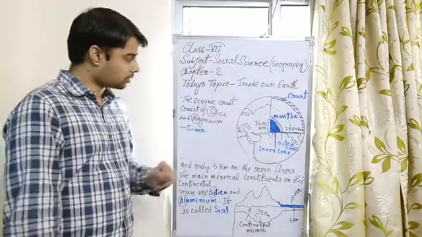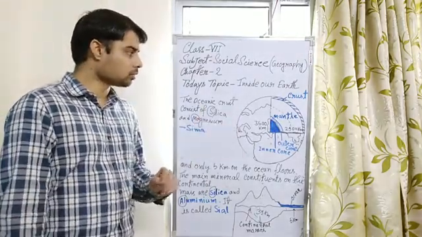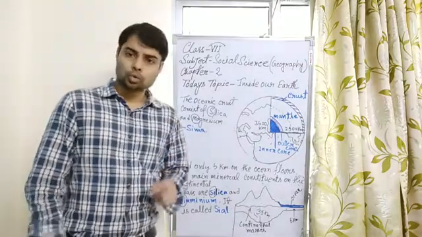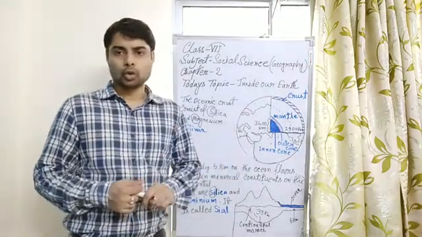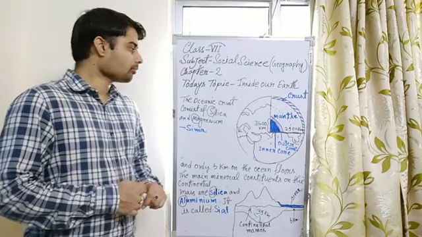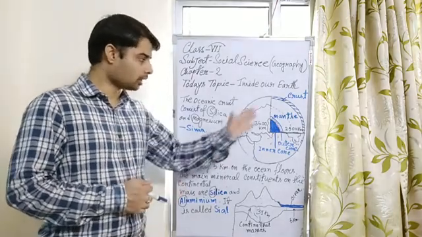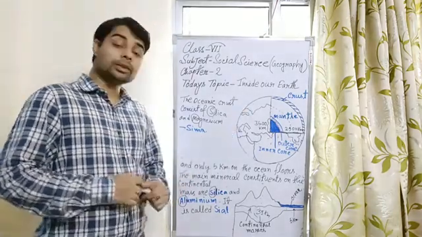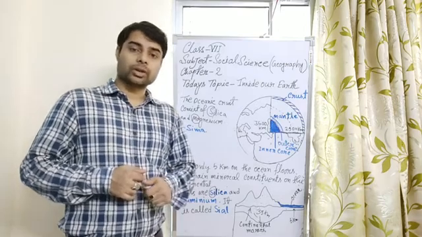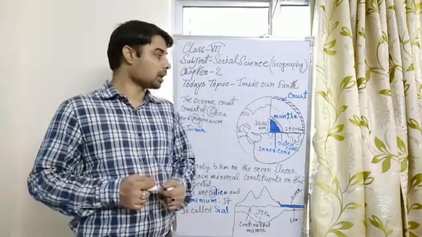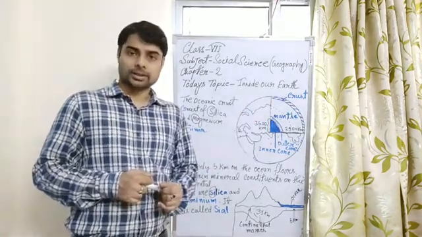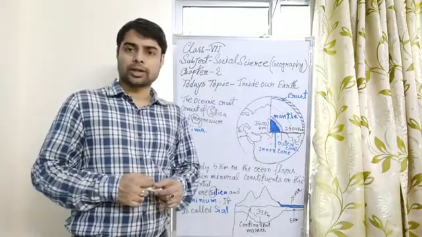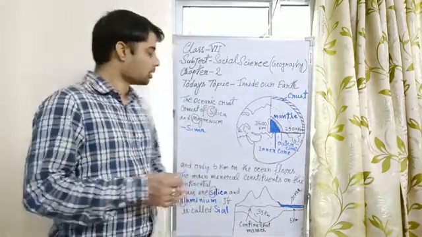The mantle is also divided into two parts, upper mantle and lower mantle. All the tectonic plates are floating over the uppermost layer of the mantle. You will read about the tectonic plates in chapter number 3.